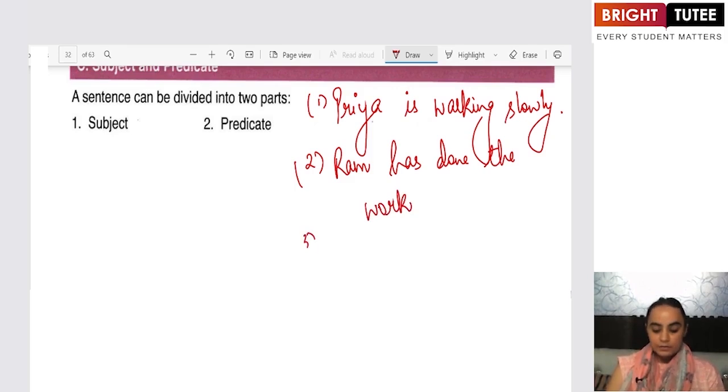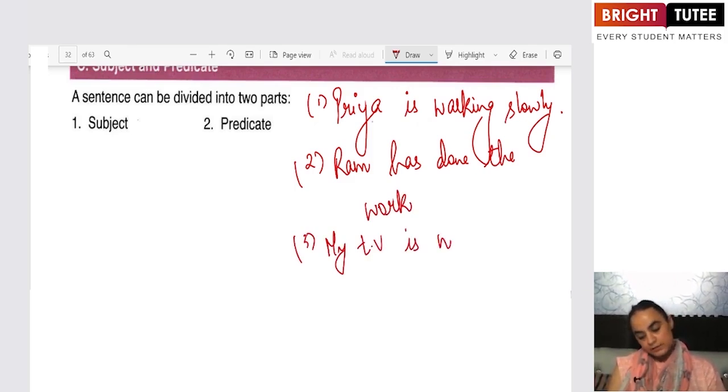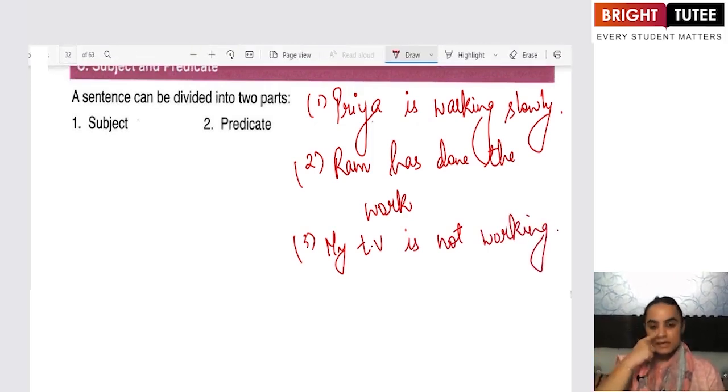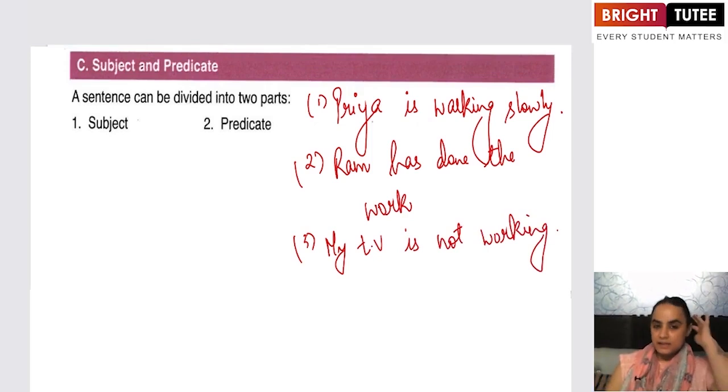If I give you another example, my TV is not working. So as you can see, all these three sentences that I have written on the screen for you, first of all, these three sentences are declarative in nature. They are declarative and assertive sentences because they are simply stating some information.